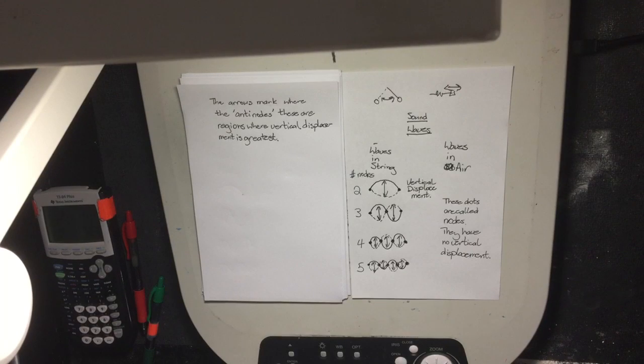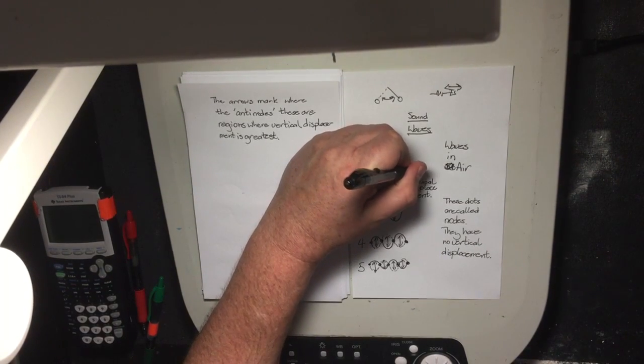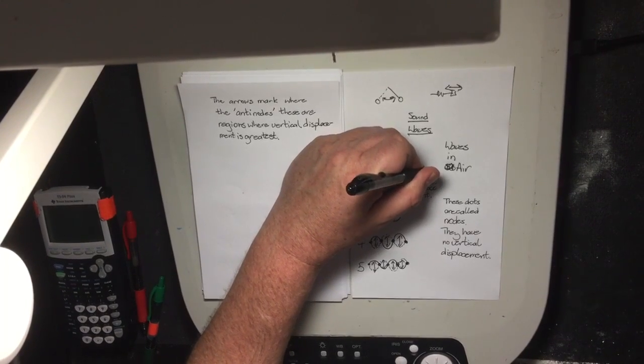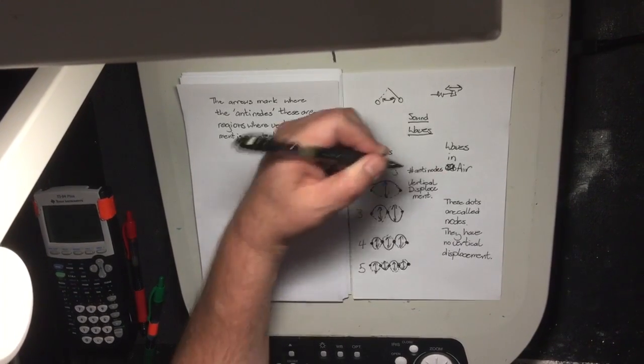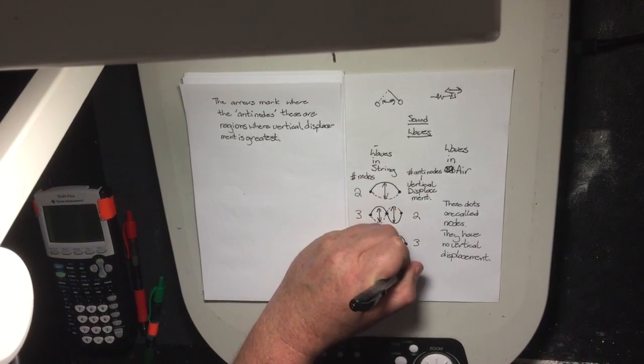The places where they move the most are antinodes. So the number of antinodes: 1, 2, 3, 4.